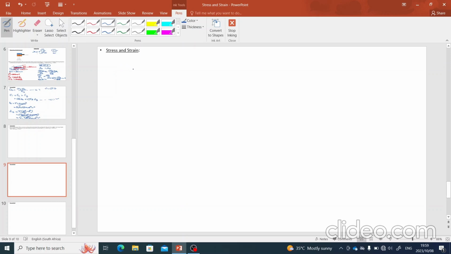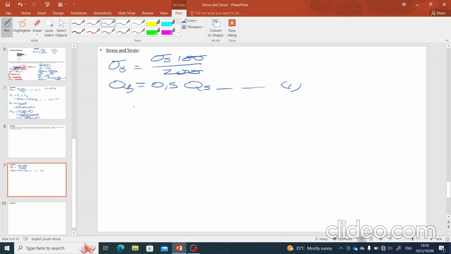Now if I use the steel, then I have stress brass equals stress steel multiplied by Young modulus brass, of which it is 100, divided by Young modulus steel, of which it is 200. The 100 and the 100 will cancel out. Then you will have 0.5 stress steel. Remember, that's your equation 1. This is what we have here.